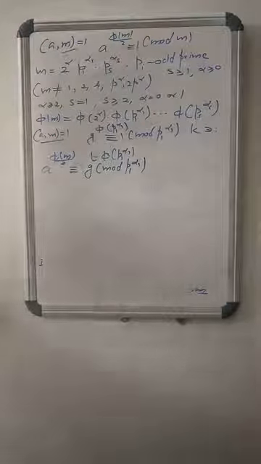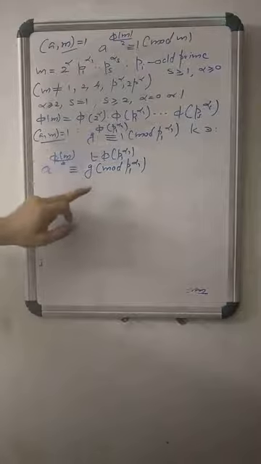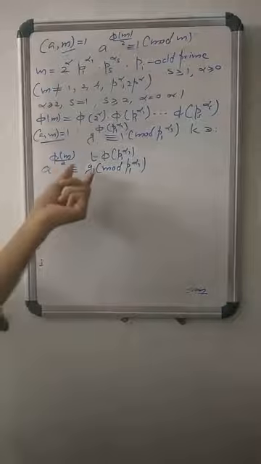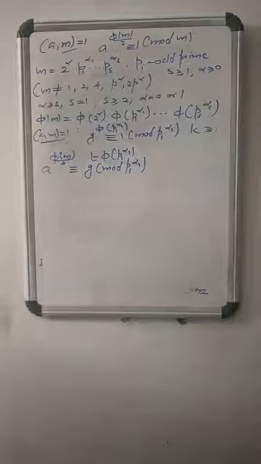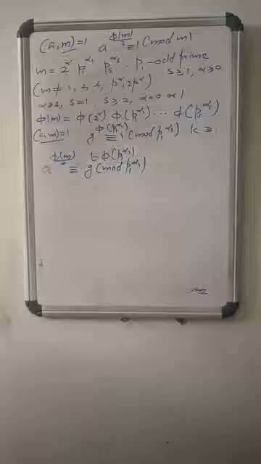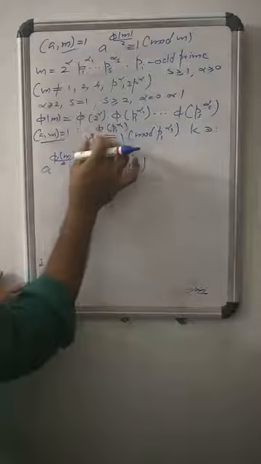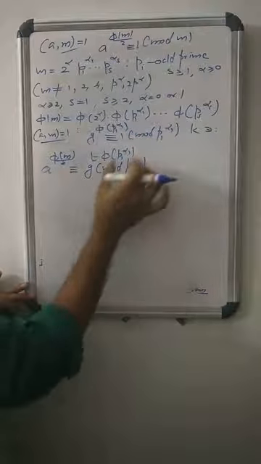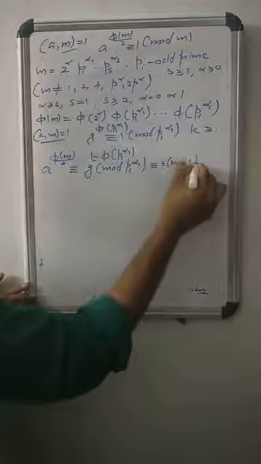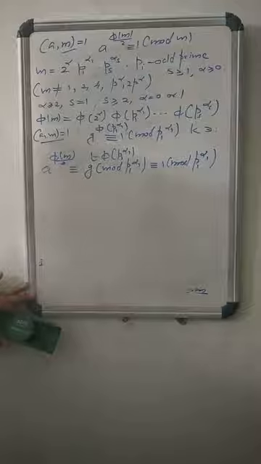Why? A power phi of m by 2 is congruent to g power t into phi of p1 power alpha 1. But g power phi of p1 power alpha 1 is congruent to 1 mod p1 power alpha 1. Therefore, the right side is congruent to 1 mod p1 power alpha 1. Agreed.